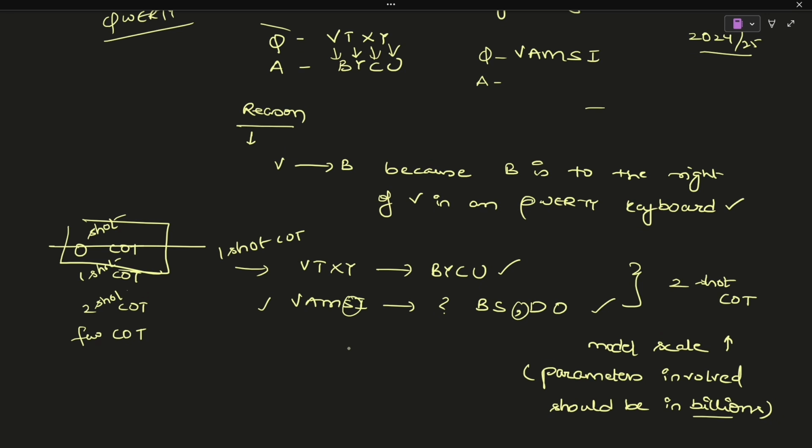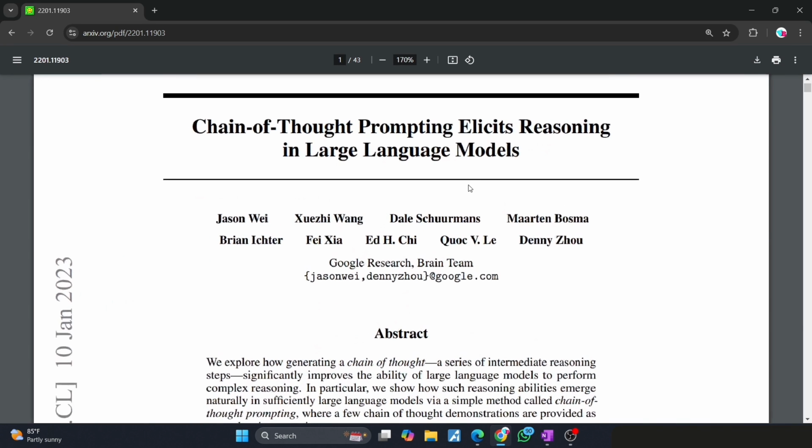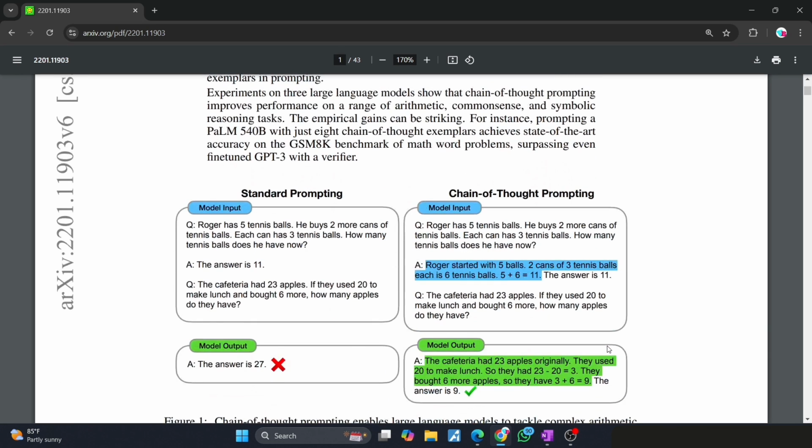Got it? Sure. Let me quickly show you the research paper that the Google Brain team, I guess, published in 2023. This is the paper. Let me zoom in a bit. Chain of thought prompting elicits reasoning in LLMs, right? And this is from the Google Research Brain team. This is the overall abstract of the paper, guys. Let's say this is an example.